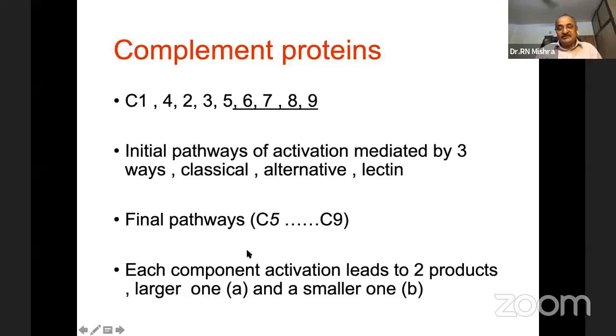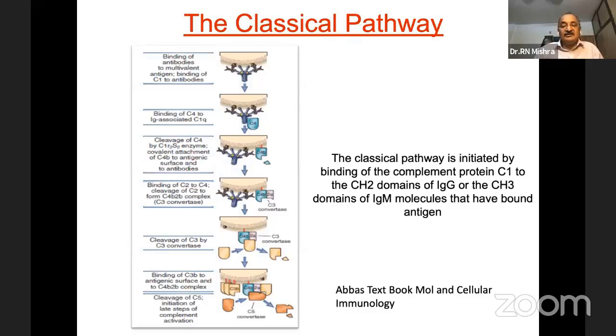Each component activation leads to 2 products, one large and a small one, usually called A and B. But there are 2 exceptions to this rule also. There are 3 pathways of complement activation: the classical, the alternative, and the lectin pathway.